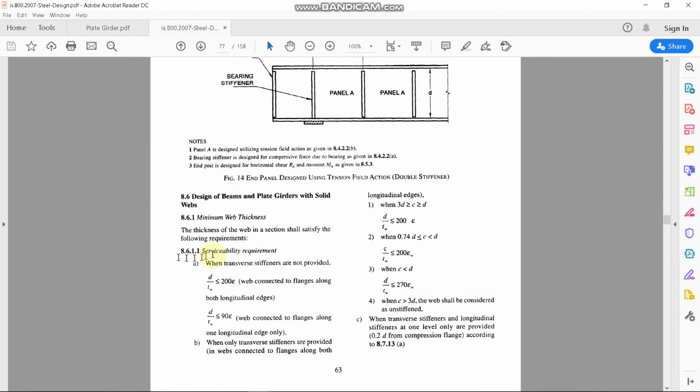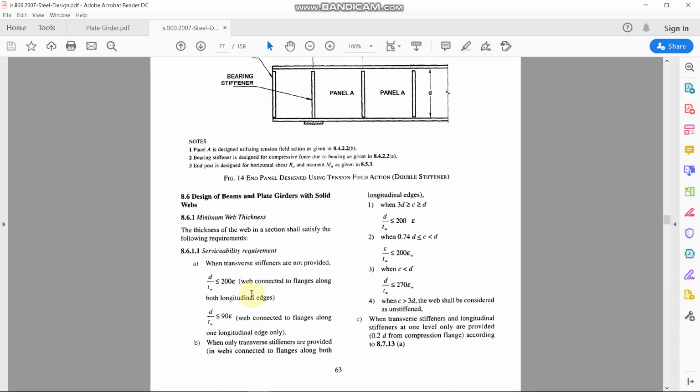Clause number 8.6 on page number 63 provides the serviceability requirement of web stiffness. If you take stiffeners and if you don't take stiffeners, there are different serviceability requirements. When transverse stiffeners are not provided, the limit is given as d by tw should be less than 200 epsilon.